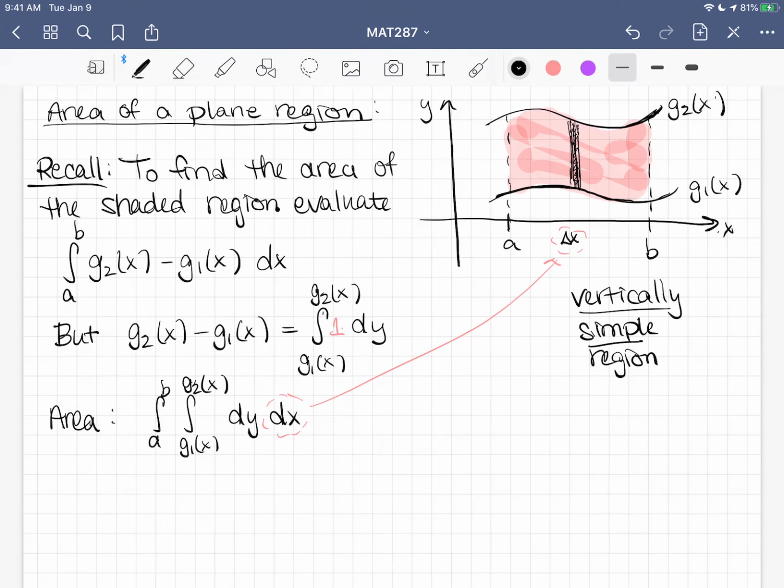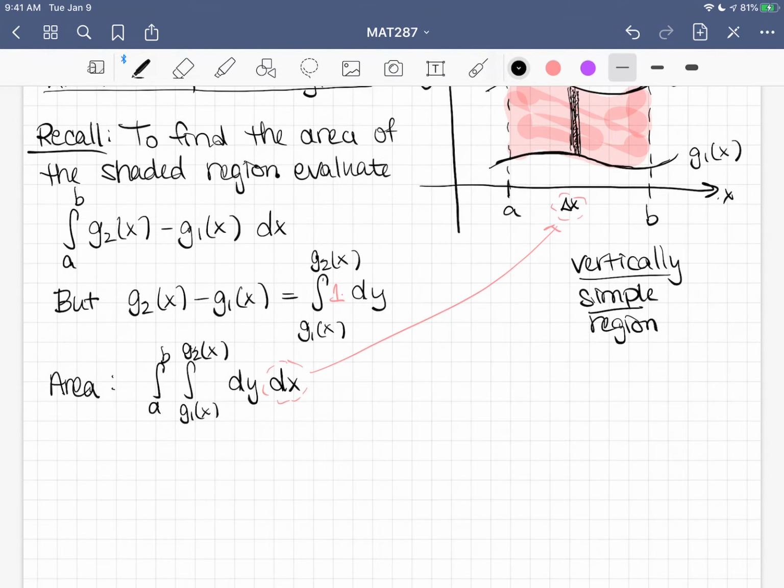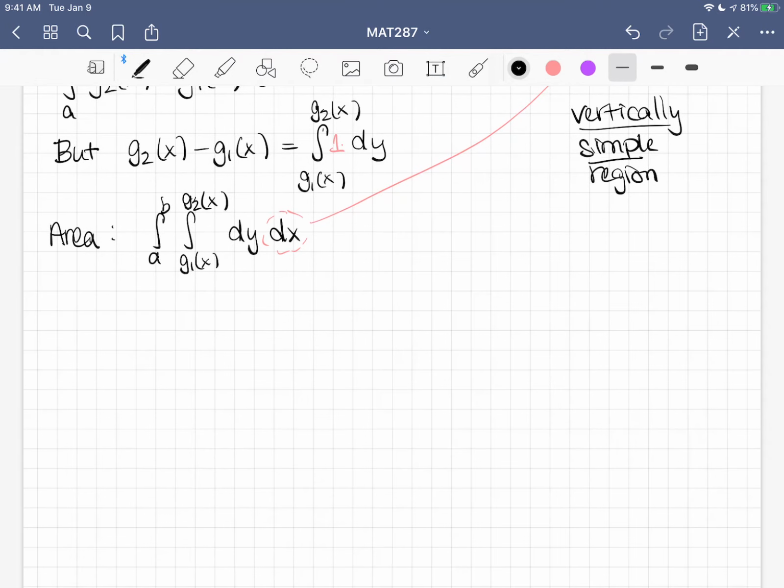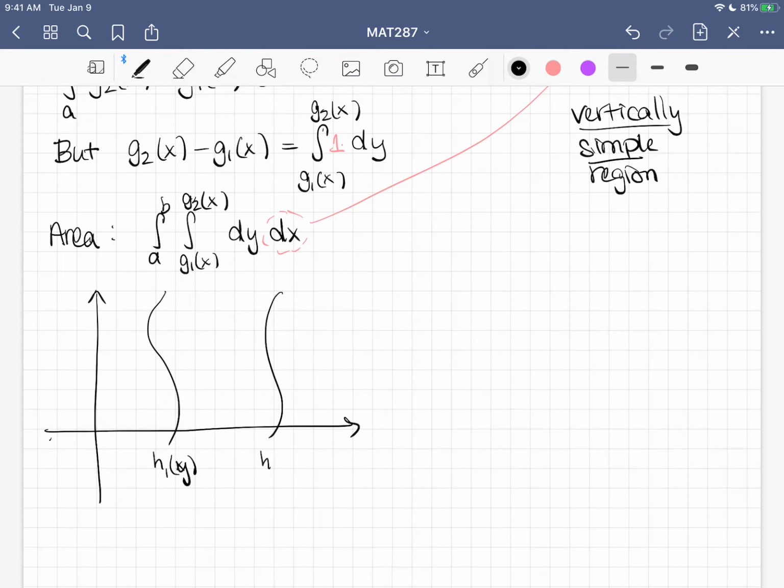Okay. Now we could do this with functions pictured the other way. So suppose now I have two functions that are functions of y. Say h1 of y, h2 of y, and I want to look from, say, C to D, and I'm interested in the shaded region here.